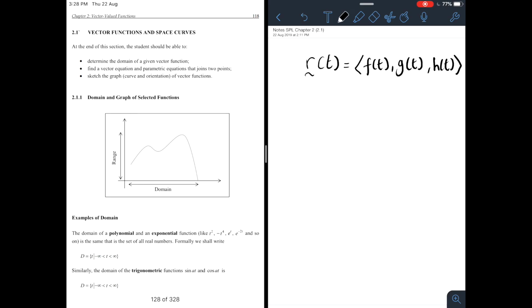By the end of this section, you as a student should be able to determine the domain of a given vector function, find a vector equation and parametric equation that joins 2 points, and last but not least, sketch the graph, curve and orientation of a vector function.